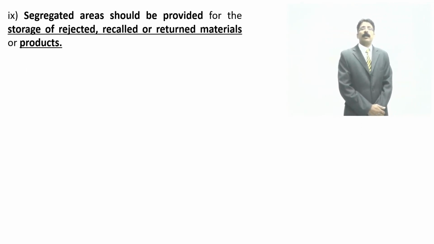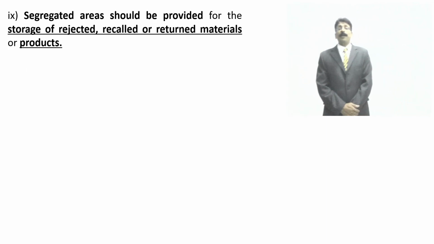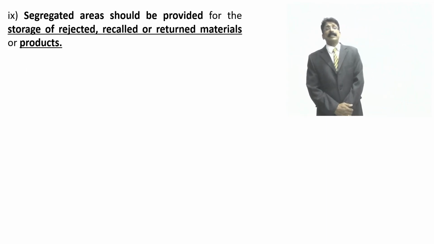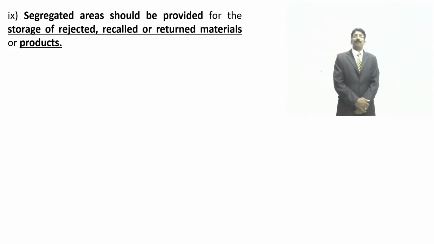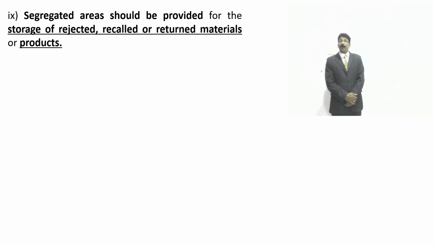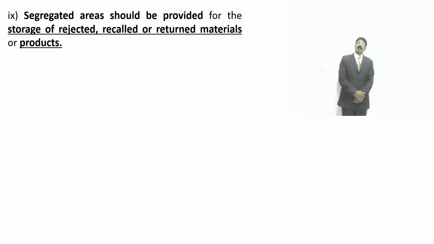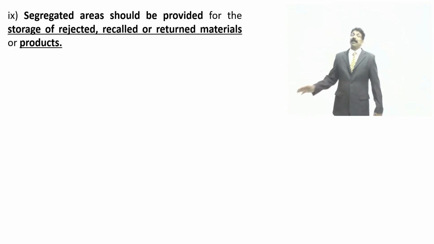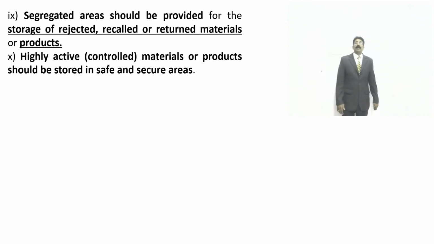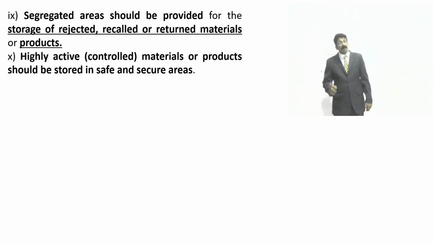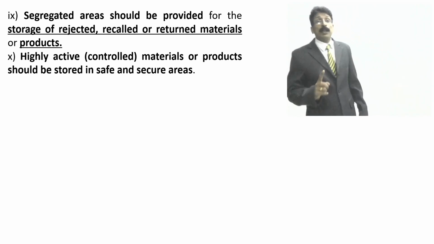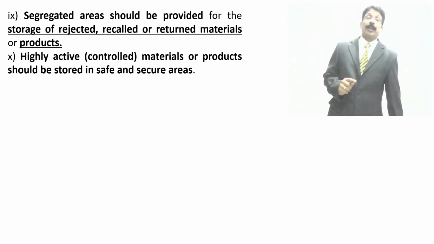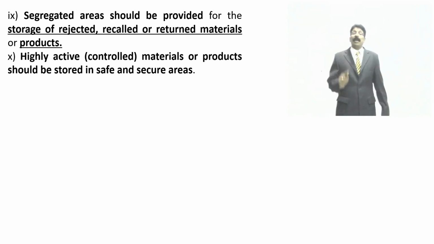And the point to be maintained, the ninth point, is that a segregated area should be provided for storage of rejected, recalled or returned material or product, which I told you now. That should be provided separately. It should not be mixed up with that. Highly active or potent components, materials or products should be stored in a safe and secured area.